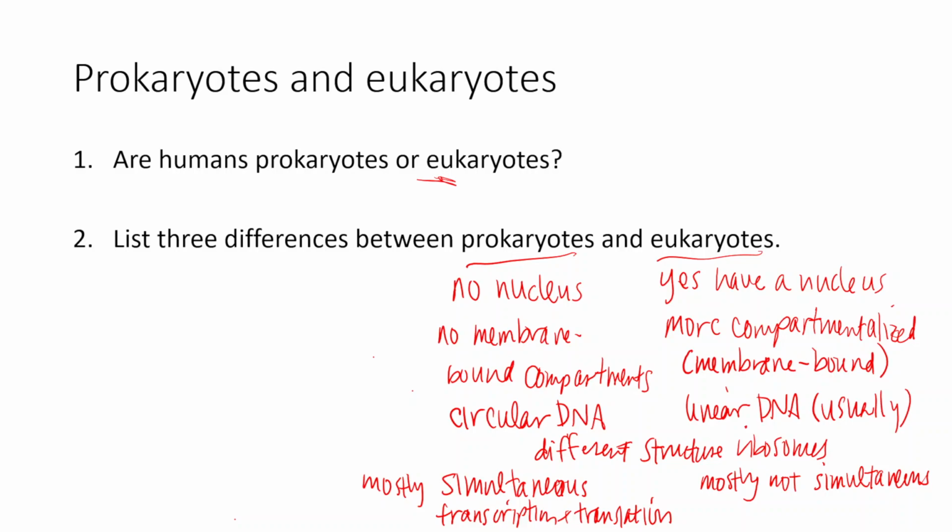Anybody else before I run out of room on the slide? So yeah, that is true. I think almost all prokaryotes do have a cell wall. There are some bacteria that actually don't have a cell wall. Also, can anyone think of a eukaryote that does have a cell wall?